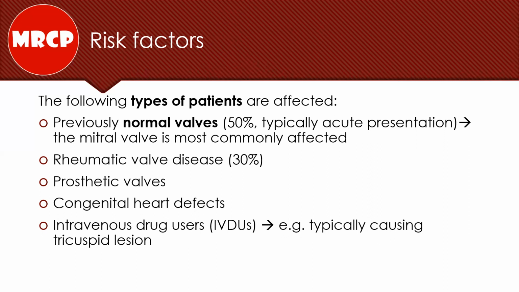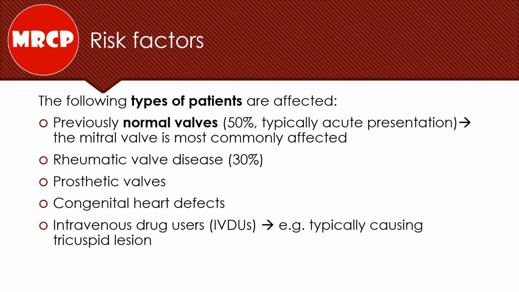In patients with infective endocarditis, there are particular risk factors, a particular type of patients, or a particular pathology or substrate that should be present in order to develop it. First of all, infective endocarditis can develop in a normal valve. 50% of patients presenting with acute infective endocarditis have fundamentally normal valves.